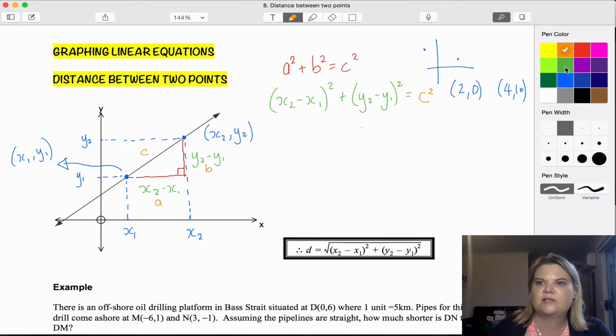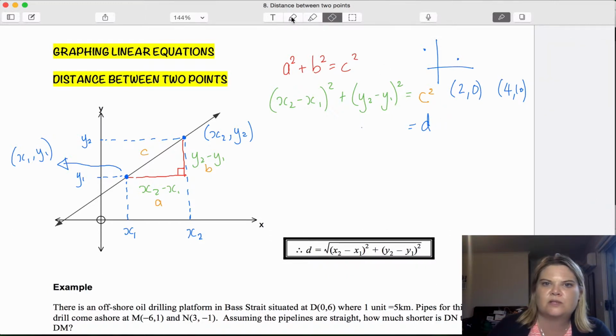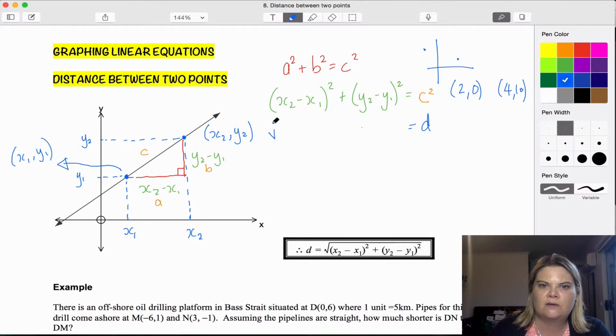And instead of putting c squared, I'm going to put d for the distance. And we've got these two plus, but it's d squared. We don't want to find this side squared, we want to find just d by itself. So to get rid of this squared, we need to do the opposite, which is square root this whole thing.